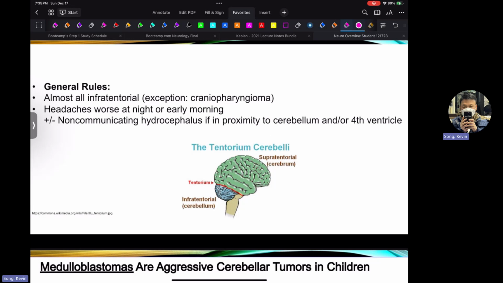Okay, so in children, there is a tentorium, which separates the cerebellum from the main part of the brain, right? So above the tentorium is adults, and below the tentorium is kids. Okay, so that's the general term. Of course, there are many exceptions.